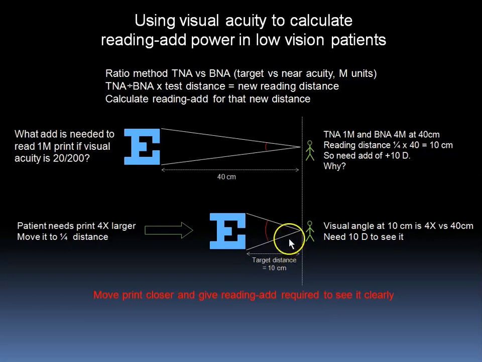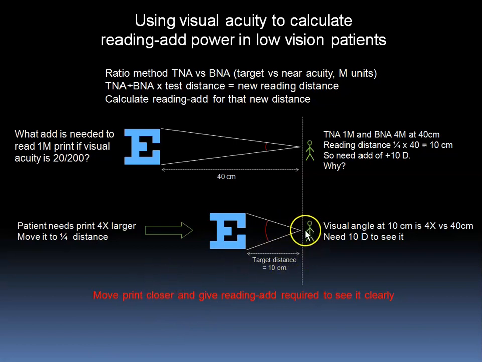However, we need to calculate the amount of reading add required to be able to see this object at 10 centimeters away. This object will give off light with a divergence of -10 diopters at the patient plane.